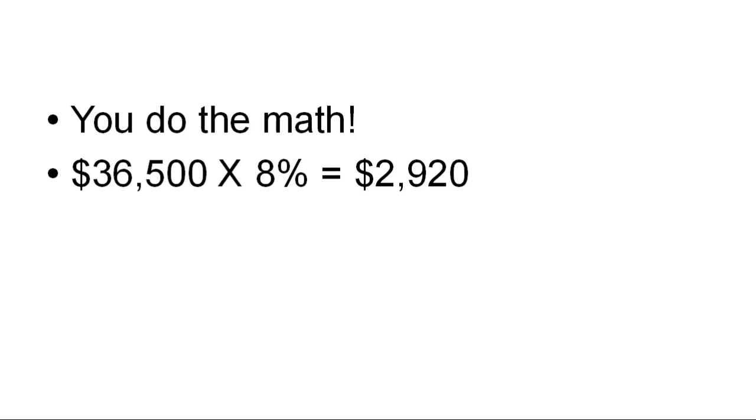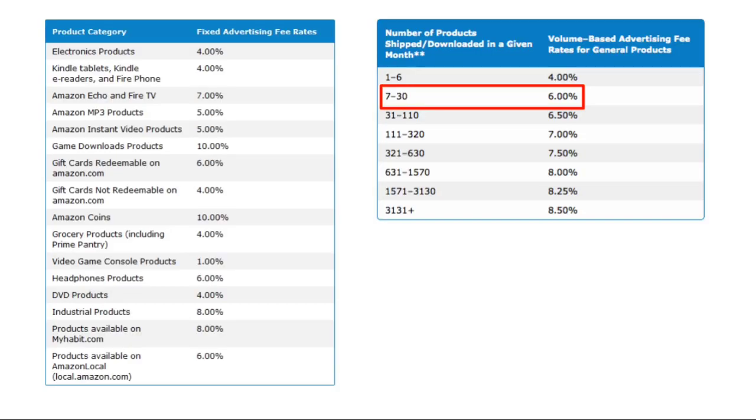How can you profit from high-priced items in Amazon in a different type of way? Well, let's just look at the fee scales again. And you can see over here on the right-hand column that the more items you sell, the higher the commission is.